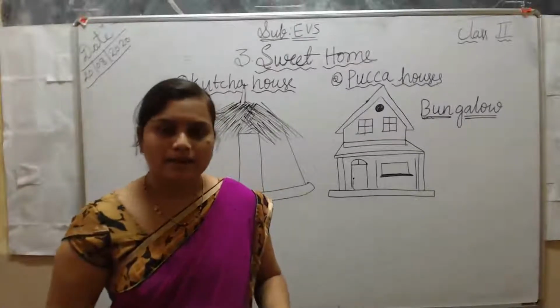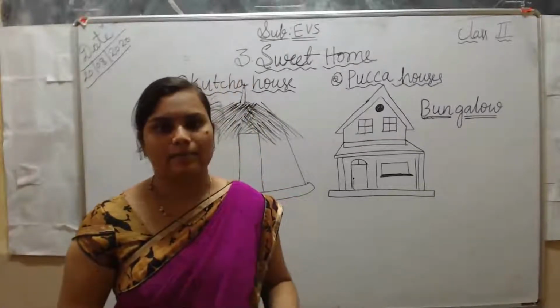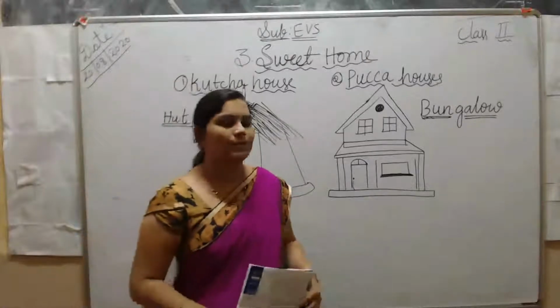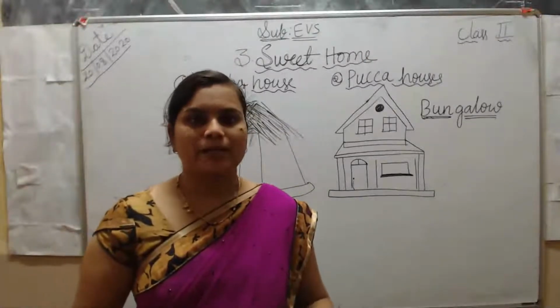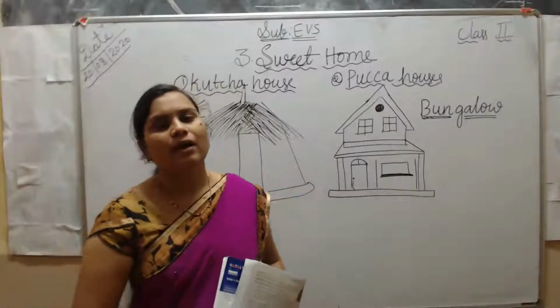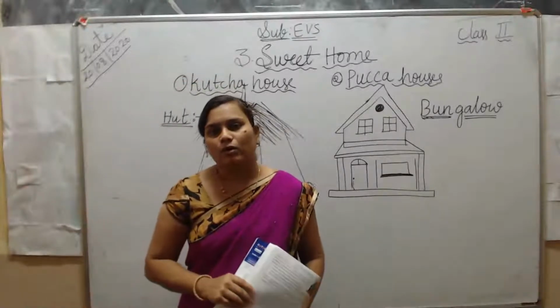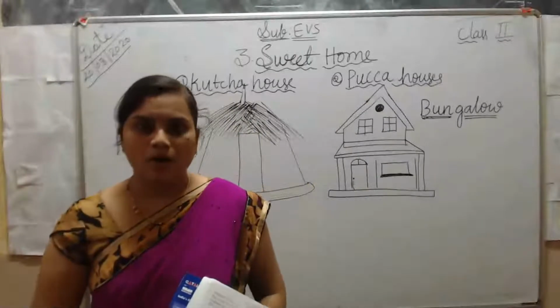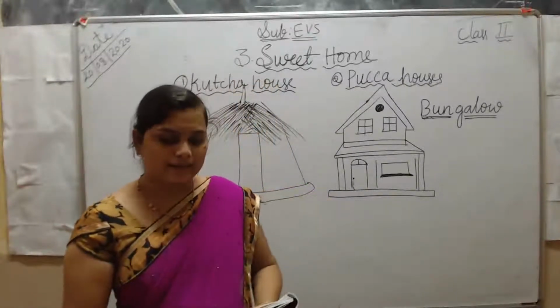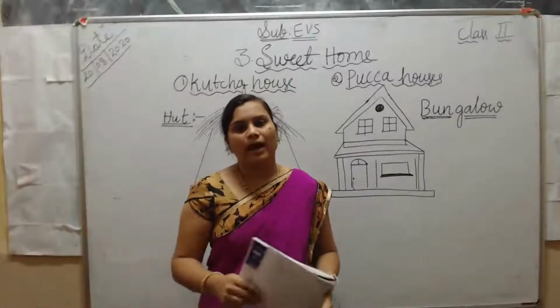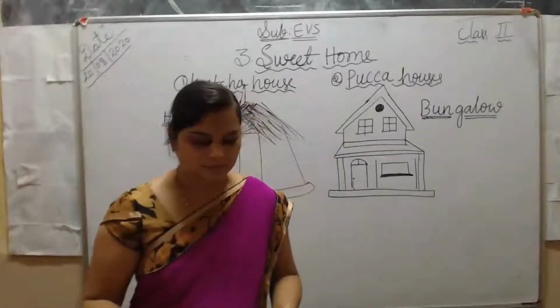A cave is a natural shelter of wild animals. The persons lived in those caves only to protect themselves from extreme cold and extreme hot weather, and also to protect themselves from wild animals. They will hide in the caves.